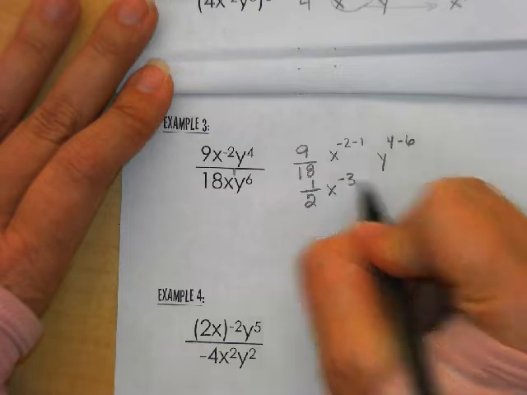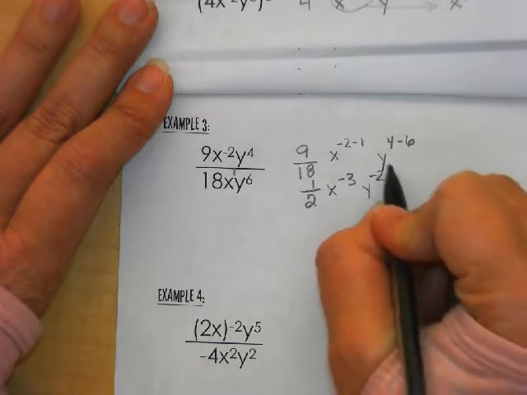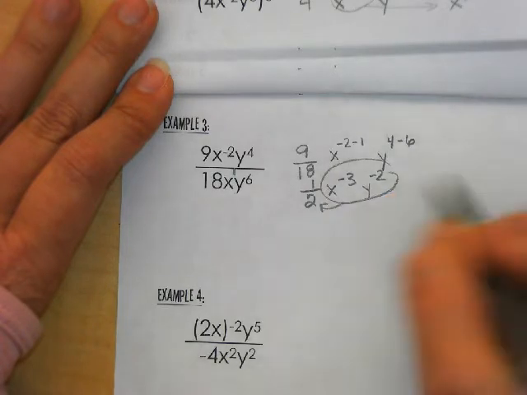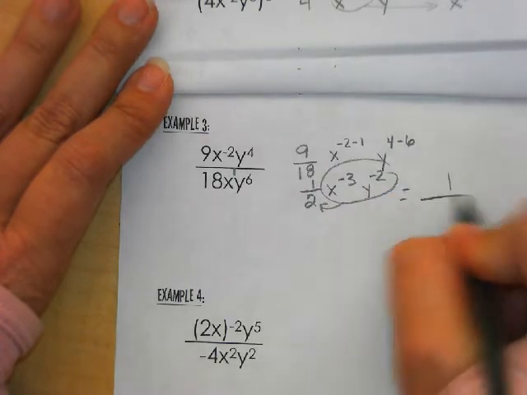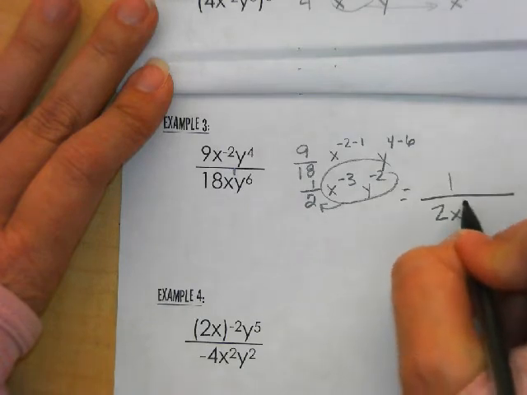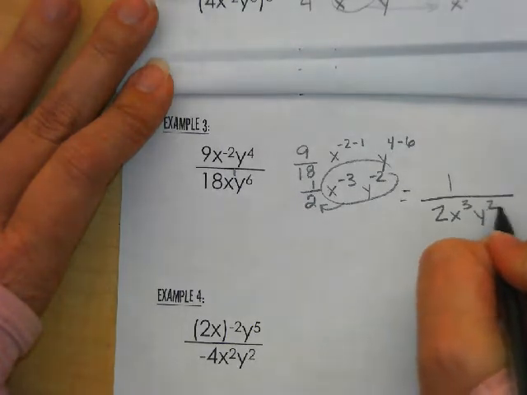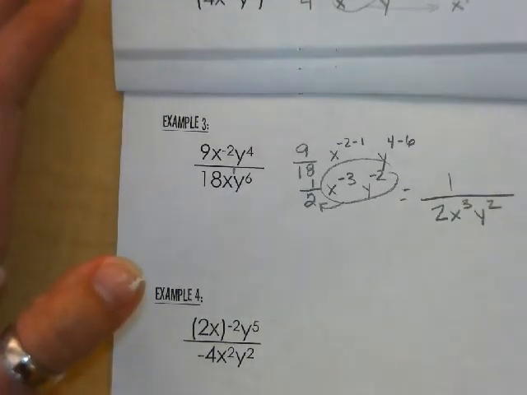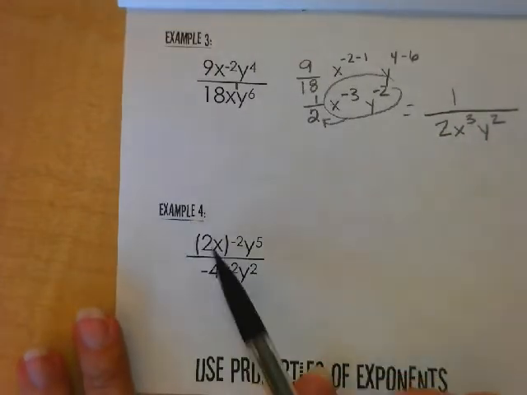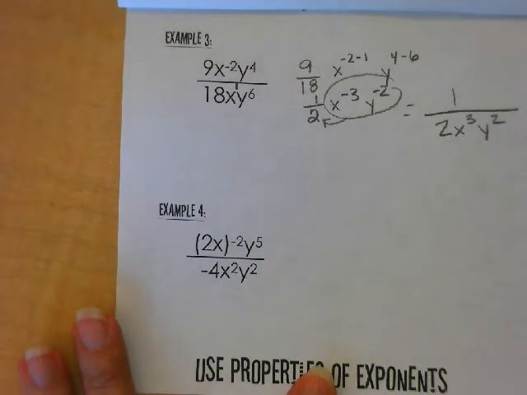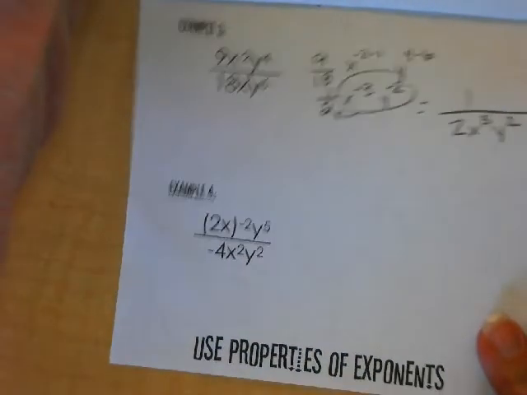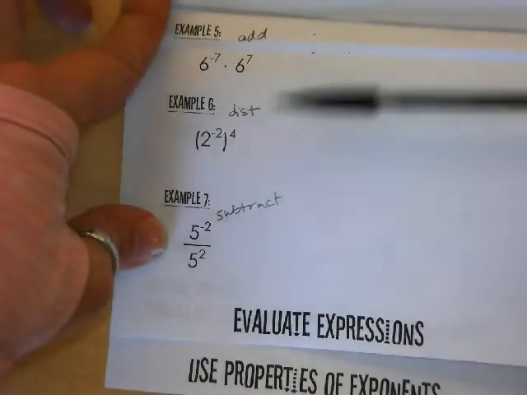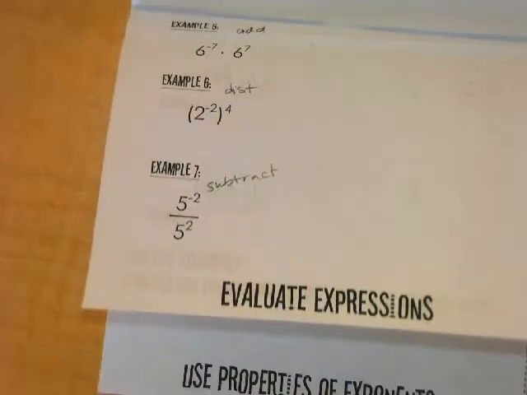This is x to the -3, y to the -2. These are going to go on the denominator also. So 1 over 2, x to the 3rd, y squared. I would like you to try number 4 at home, and we'll look at number 4 as well as 5, 6, and 7 here tomorrow when you come in.